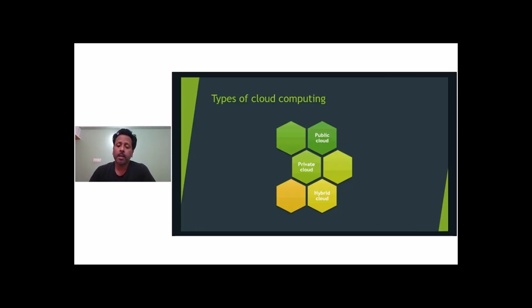Private cloud is nothing but all the computing resources are specific to one organization, and it can either be an on-premise, on-site setup for that company, or they normally outsource to some third-party vendors. They will manage all these resources in a private network for a particular organization.